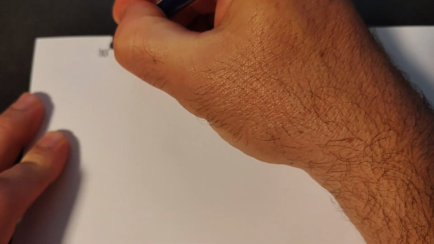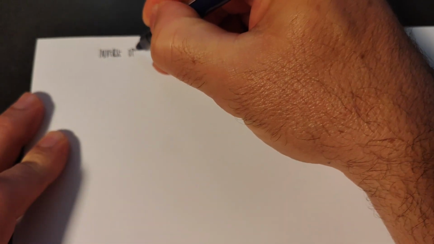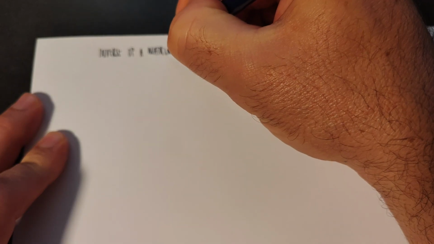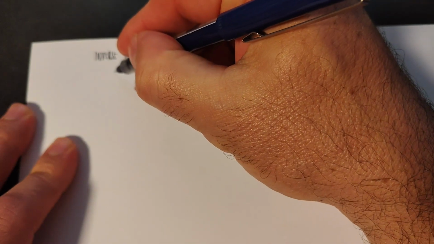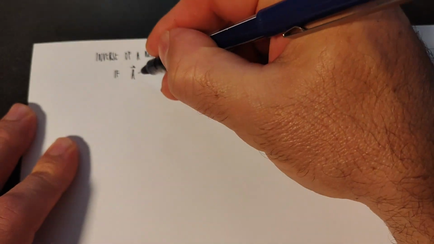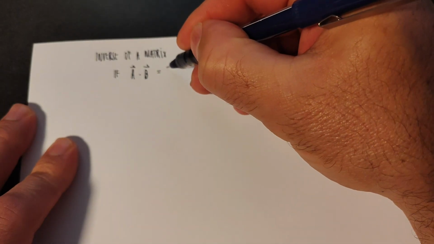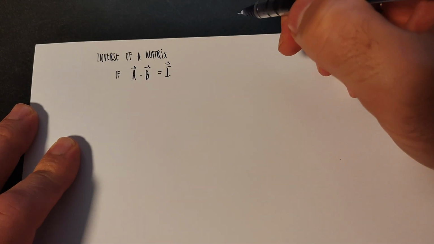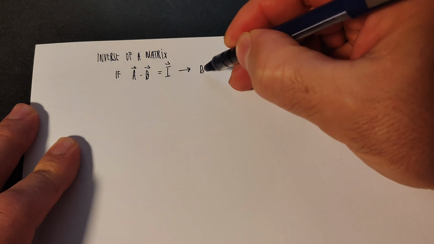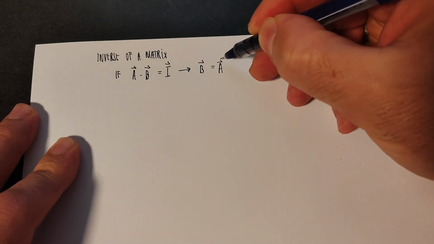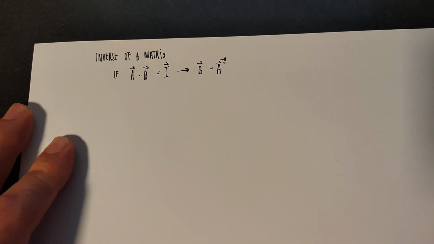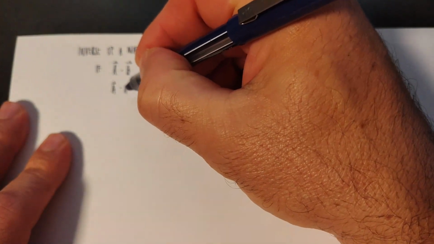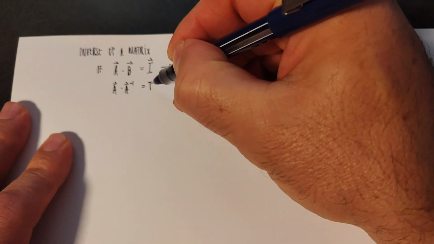So if we have two matrices A and B, if matrix A times matrix B ends up being equal to the identity matrix, then that implies that matrix B is actually the inverse of matrix A. Whoops, -1. Should be a -1 up there. All right, so essentially A times A inverse gives us the identity matrix.